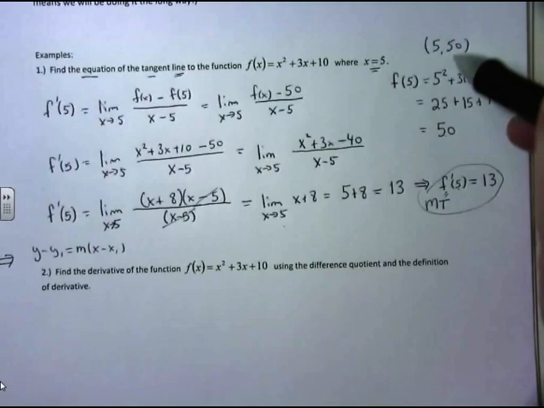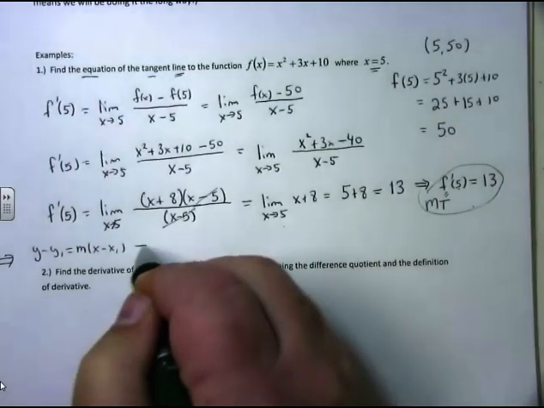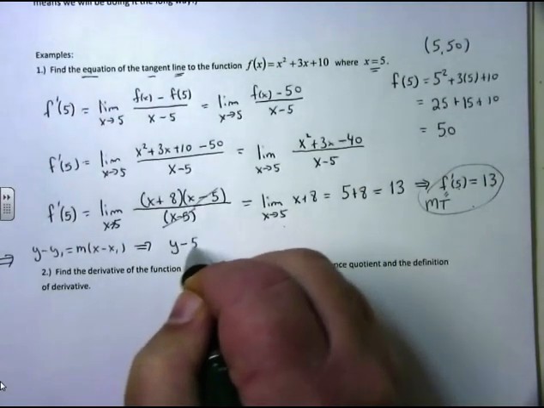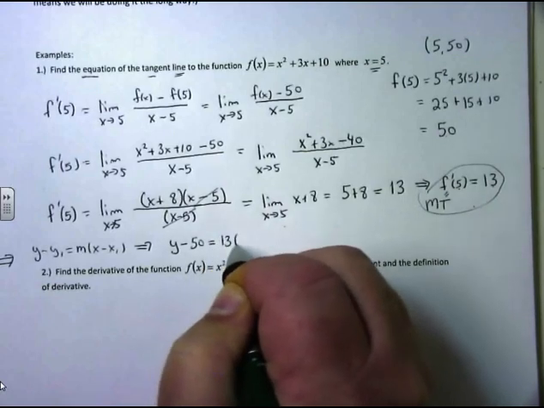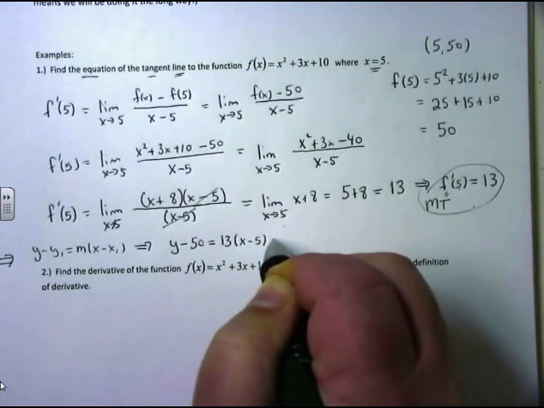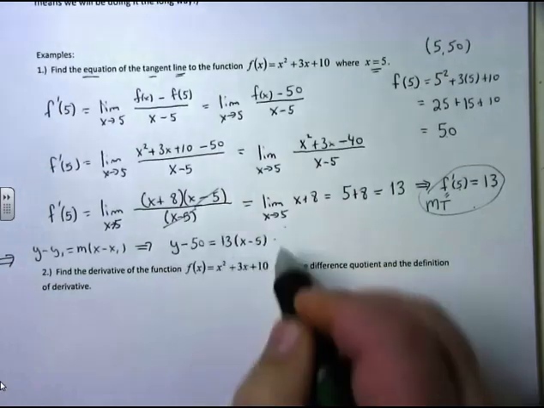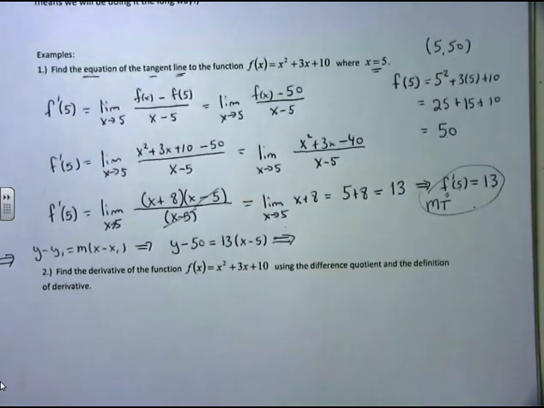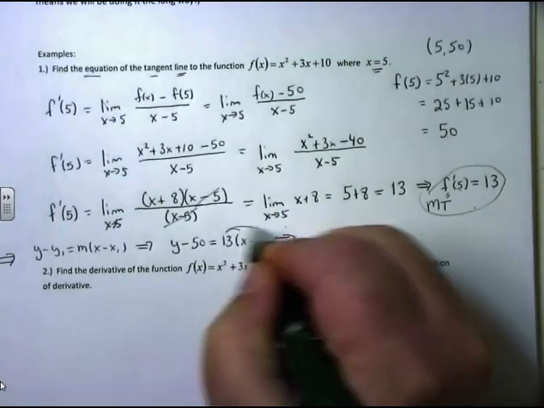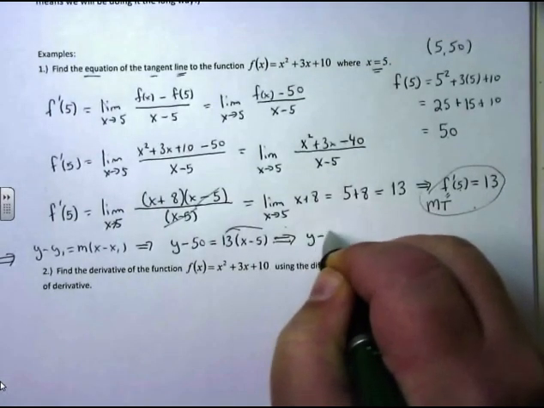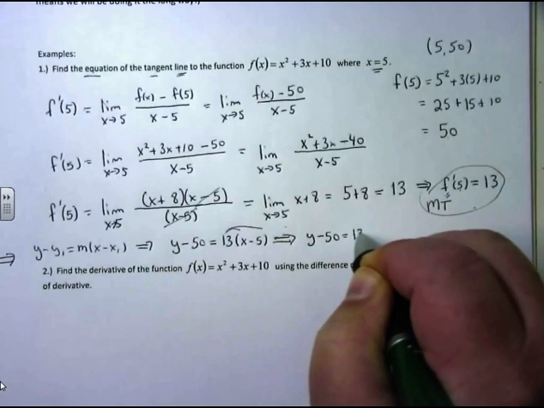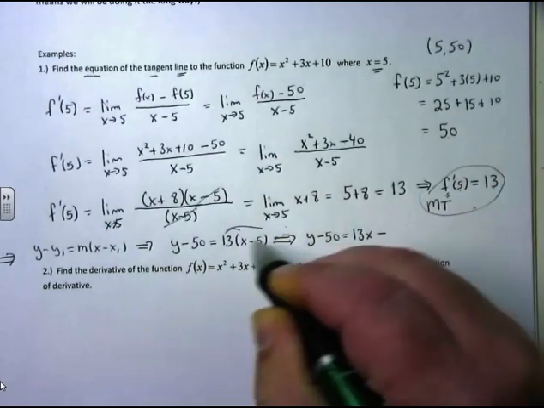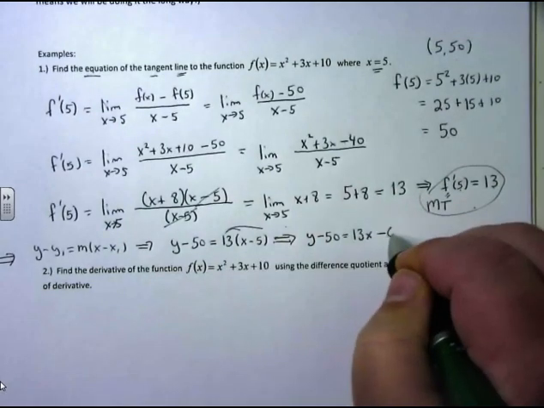So I've got a point and I've got a slope, so I'm going to plug it in. y minus 50 is equal to 13 times x minus 5. And there's my answer, but I'm going to clean it up and put it in slope-intercept form because it looks better. WebWorks seems to like that. So here we go. I'm going to distribute the 13. This gives me y minus 50 is equal to 13x minus, and 13 times 5 is 65.